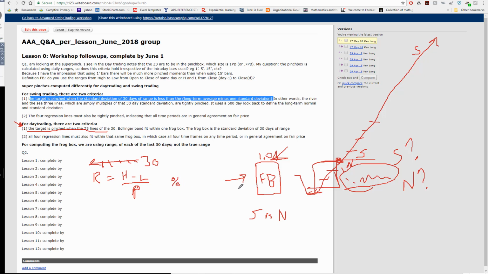And then to get the frog box, we multiply that by today's price to give us an actual dollar value of how big that frog box is. Okay.